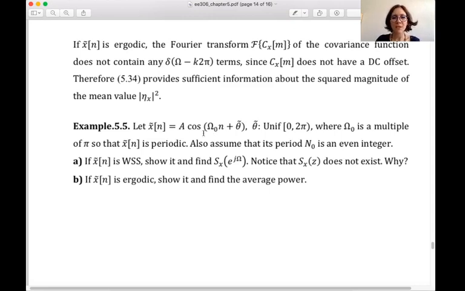Is this function periodic in n? The answer is no, it's not periodic. You will observe some cycles, but the values will never repeat themselves. So technically speaking, it's not a periodic function. But if omega 0 is a rational number times pi, then you know that cosine omega 0 n is periodic. And similarly, if you just add a phase term, it's still going to be a periodic function.